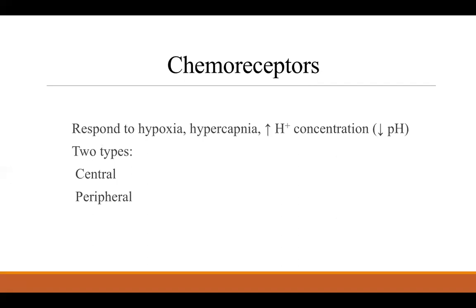Okay, hydrogen ion concentration is directly a measure of pH, as you know, right? So if you have too much hydrogen ion in the blood, that would be low pH, and vice versa.